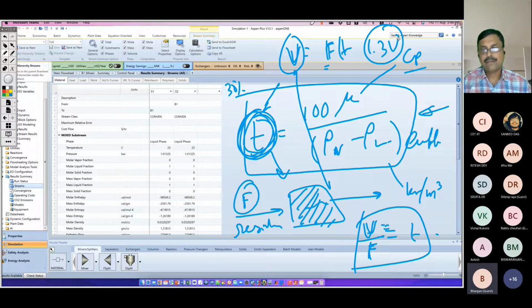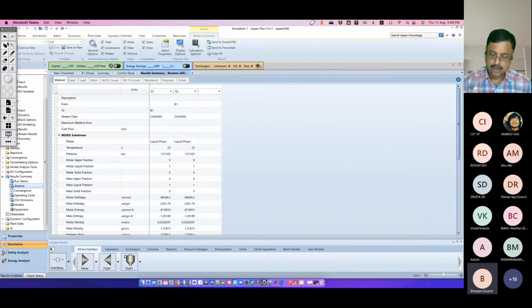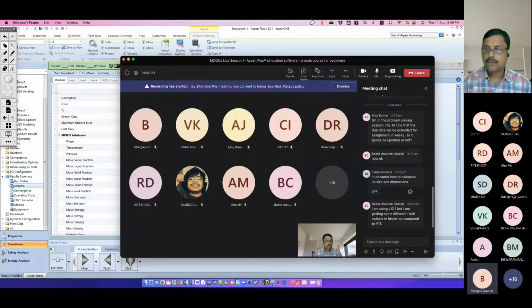So this way you can find the sizing of decanter. Aspen doesn't do this calculation. Aspen doesn't have that provision. So these are the fluid static calculations. You have to do it at your end. So I hope I have answered Manik's question.